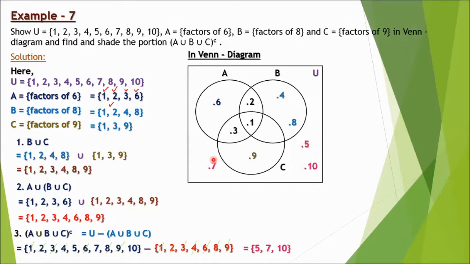So we have to set the region outside of the ring. This entire region outside of the ring is the complement region. Now let's zoom in, 5, 7 and 10, and let's zoom in on the Venn diagram also. Yes, 5, 7 and 10. Now this is our answer.